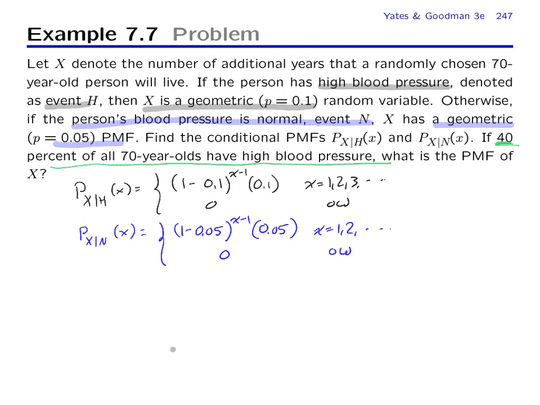What this is telling us is that P of H is equal to 0.4, P of N is equal to 0.6, and assuming that there is no case of low blood pressure in the model, then either a person's blood pressure is high or normal, and in that case, H and N form a partition.